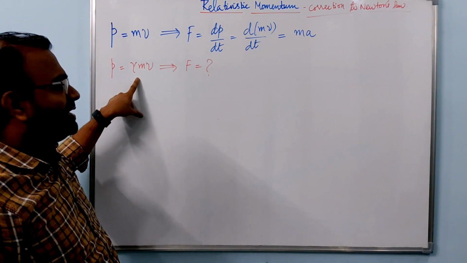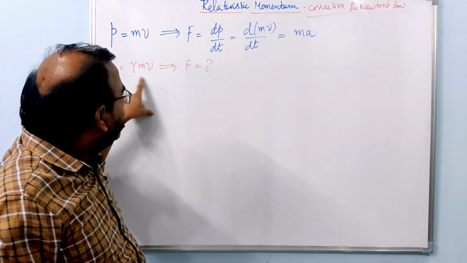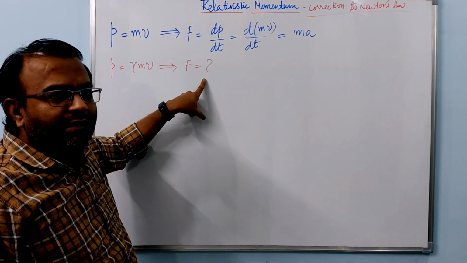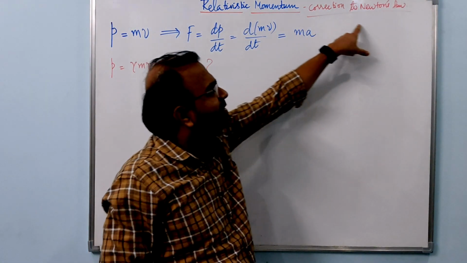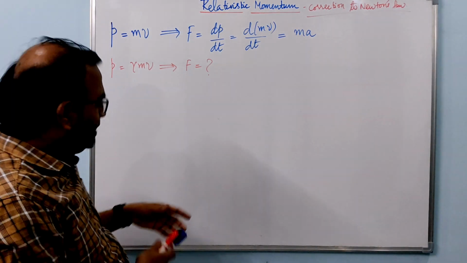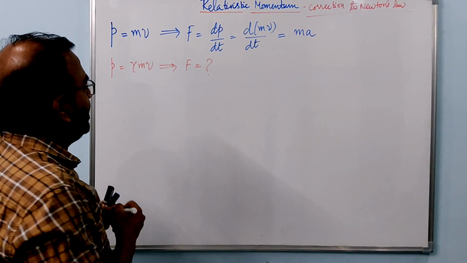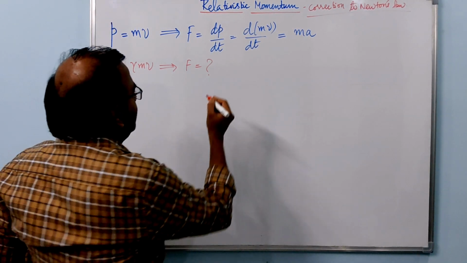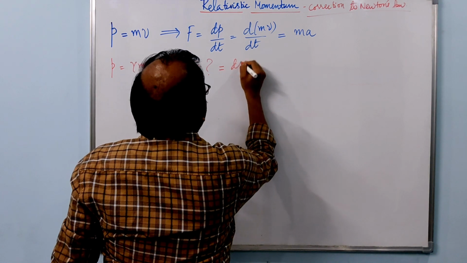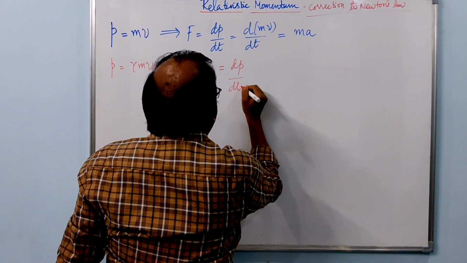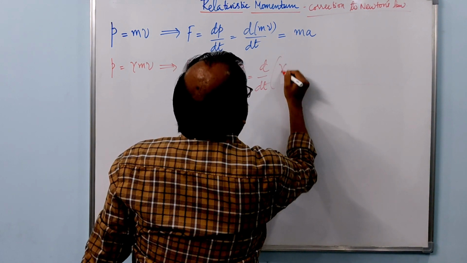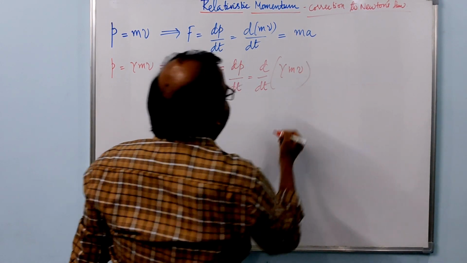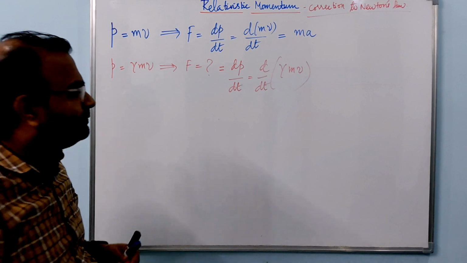When p is equal to gamma times mv, on the other hand, the force expression will accordingly change. That we call the correction to Newton's law. How it is so, we will try to derive. Force is equal to dp by dt, which is d over dt of gamma times mv.